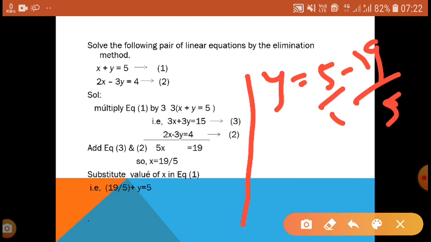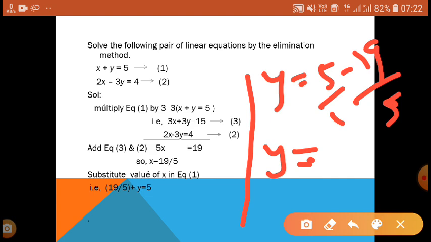So they don't have a common denominator. So first we have to make them equal. You know well, we can take the LCM or we can go for cross multiplication.